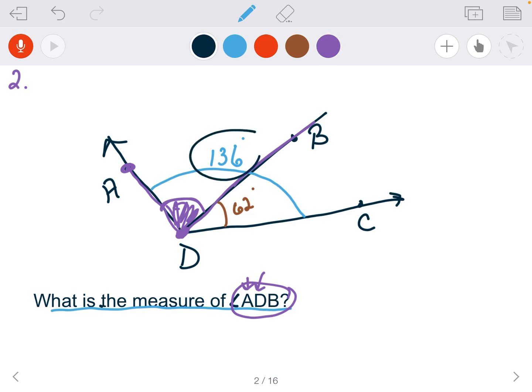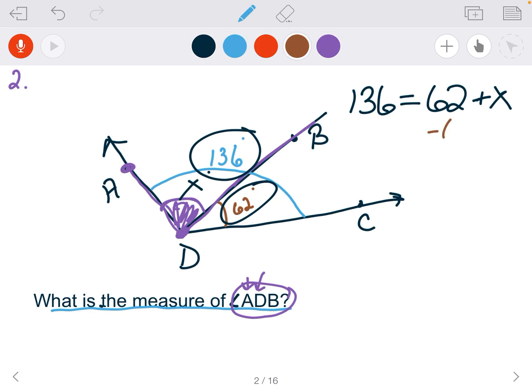What does the problem give me? It gives me 136. So I know the total of those two is 136. It gives me a 62. 62 plus something. Well, let's just use the letter X to find out what that is. Plus something is going to give me 136.